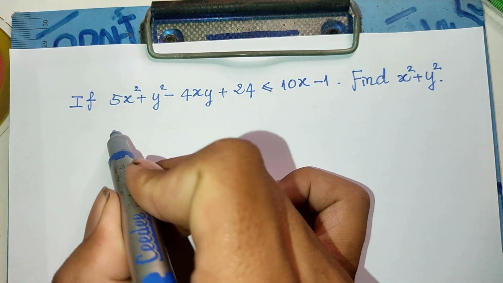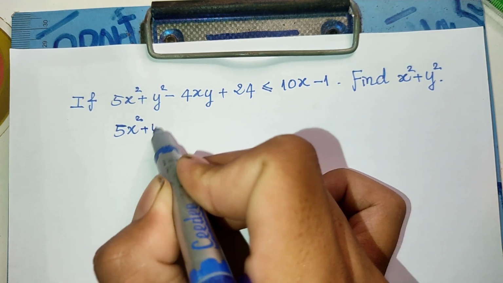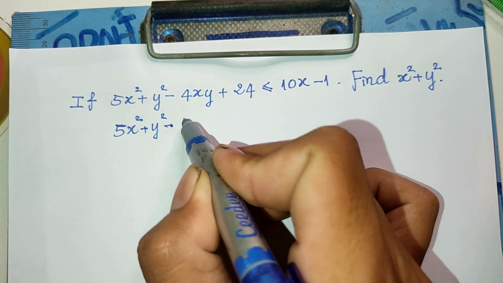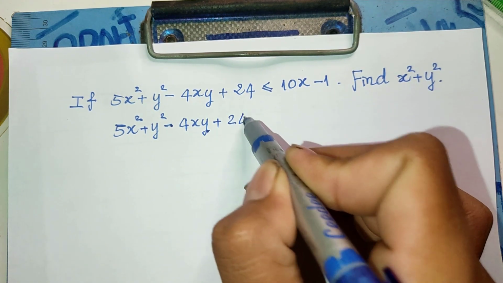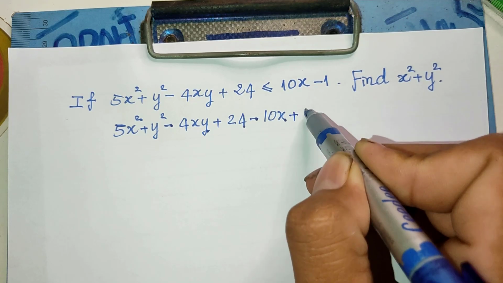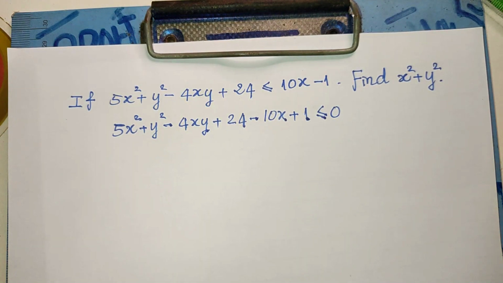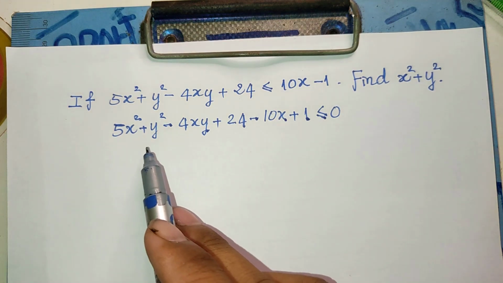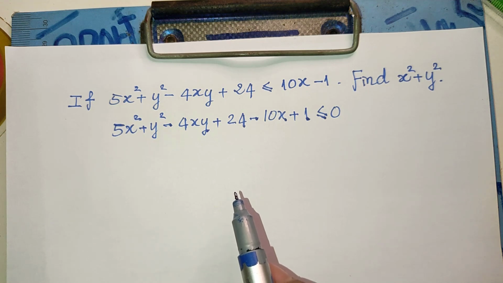So we get 5x squared plus y squared minus 4xy plus 24 minus 10x plus 1 is smaller than or equal to 0. Now we must write this as a sum of squares of a trinomial or binomial.